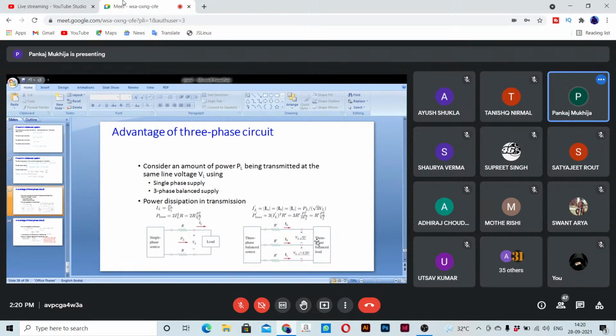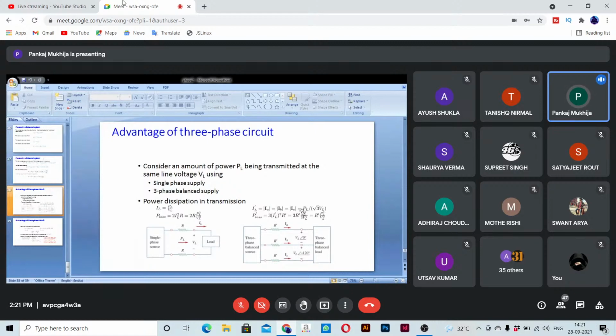I told you these advantages qualitatively earlier, that 3-phase supply is economical. When we started the discussion on polyphase, I told you that 3-phase is widely used, and I gave you the reason that it leads to economical transfer of power from one point to the other, so in transmission. Now that you have understood 3-phase, this has been elaborated quantitatively.